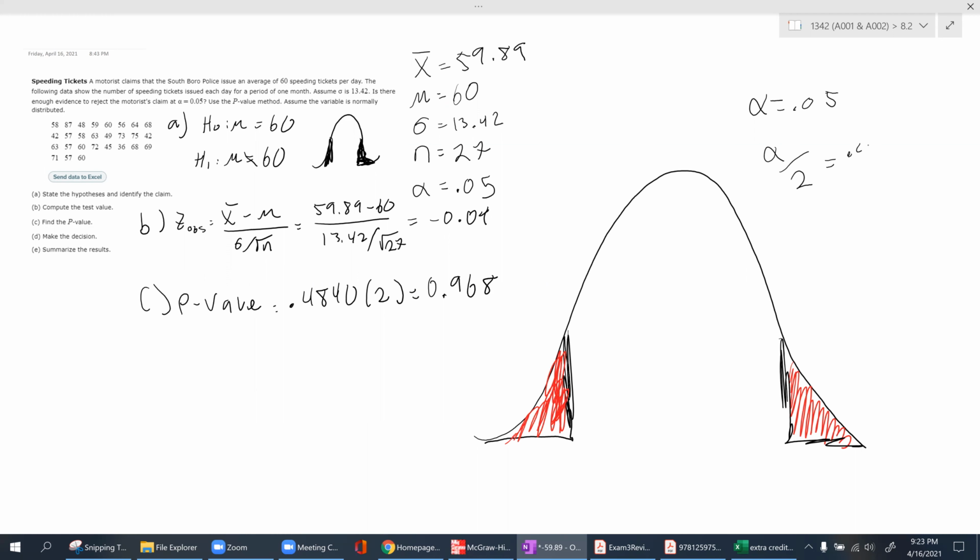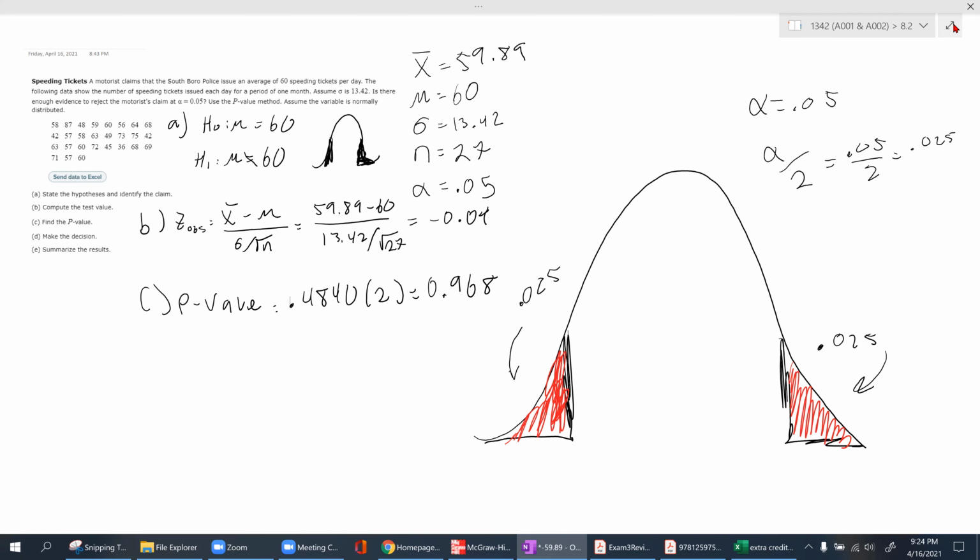But for each one, that gives 0.025. So my area is 0.025 in each tail. That's a visual representation of what we're doing.